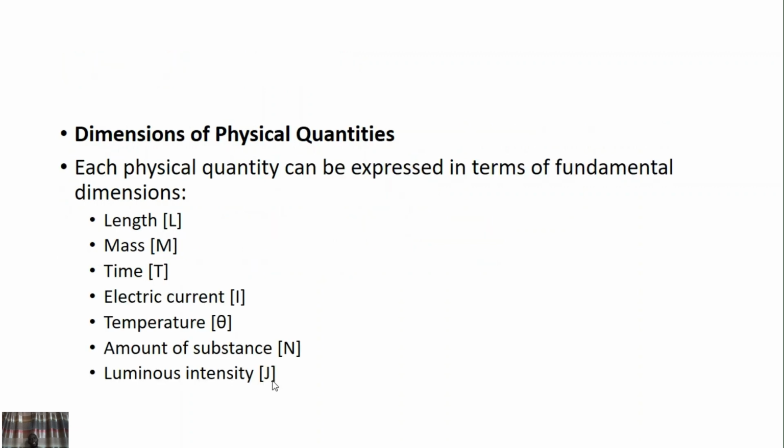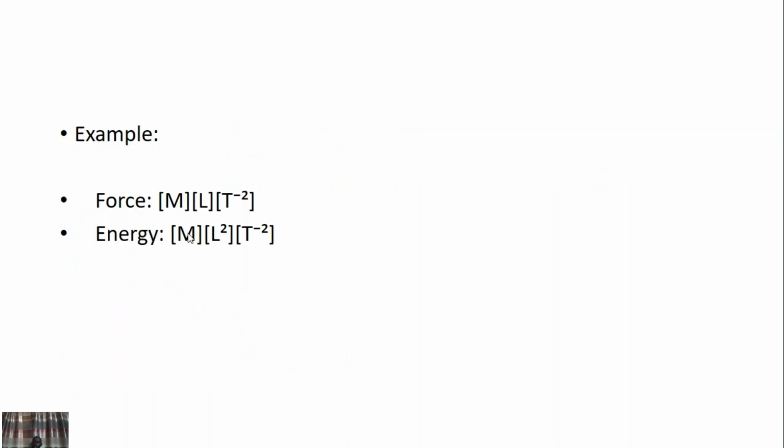Okay. And in dimensional analysis, every physical quantity has its symbol. It has its letter that is used to represent it. And this is what is displayed here. The length, the mass, the time, and so on. Now let's do an example of dimensional analysis.